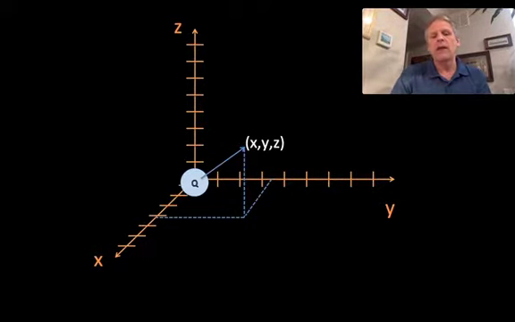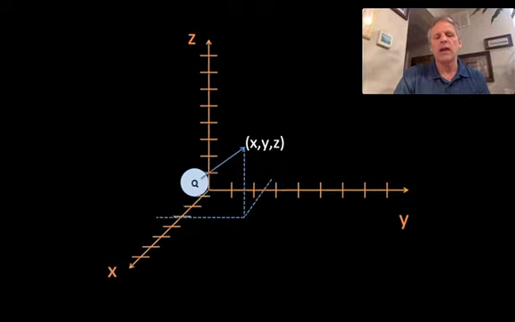Now we're going to do something that will eventually make our life a little bit easier. We're just going to shift our coordinate system. Instead of having the origin be at the charge, we're going to have the origin be right underneath the point where we are evaluating the field.